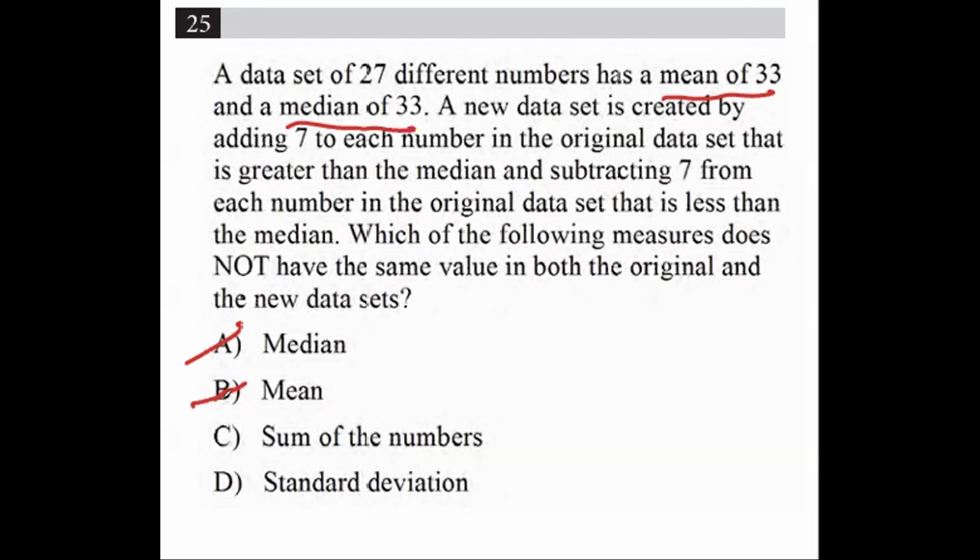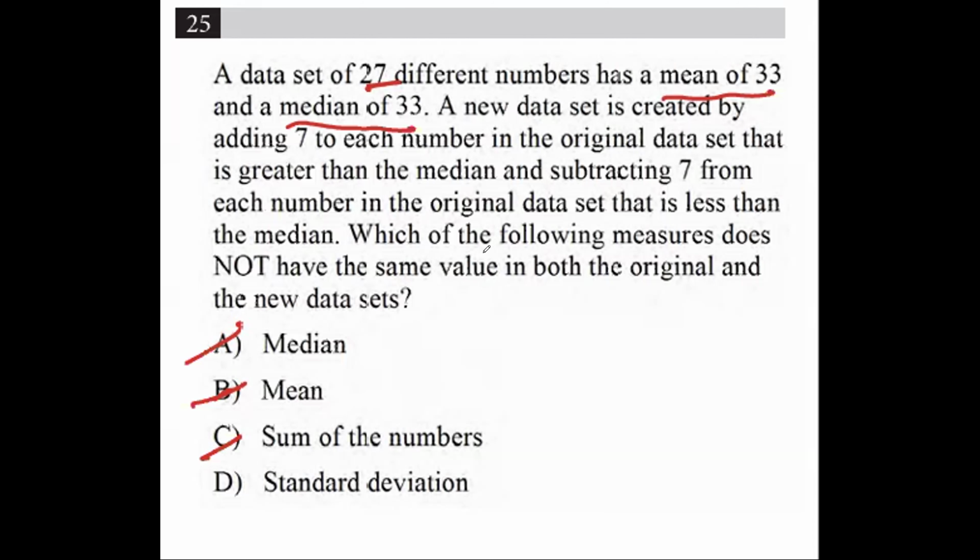The sum of the numbers also wouldn't change. If the sum changed, then the mean would change because you still have the same number of numbers, 27 total. You can't have both B and C be correct, so they both have to be wrong.